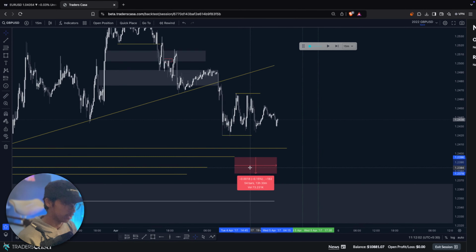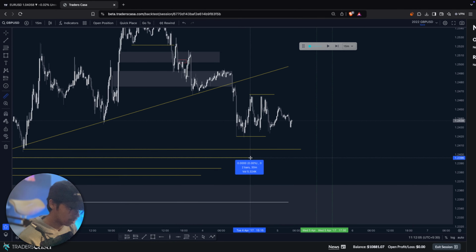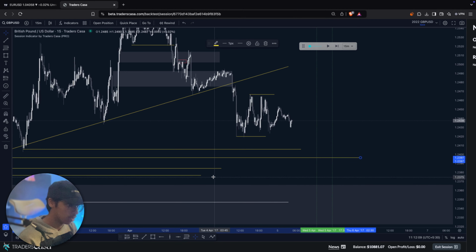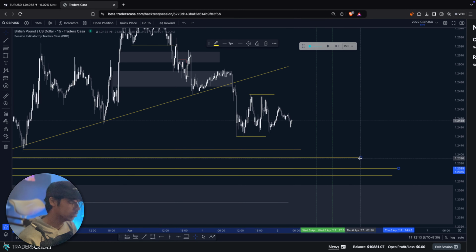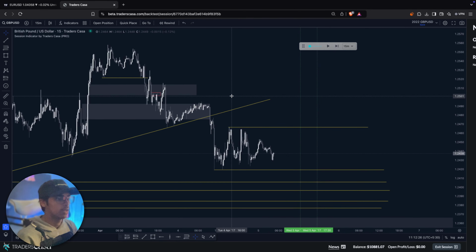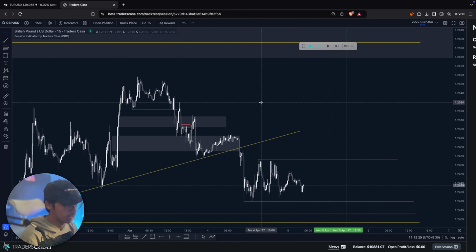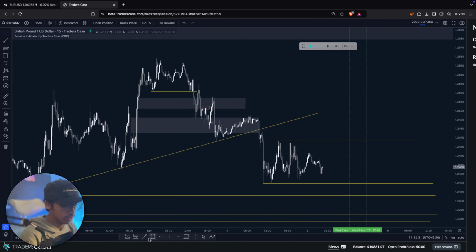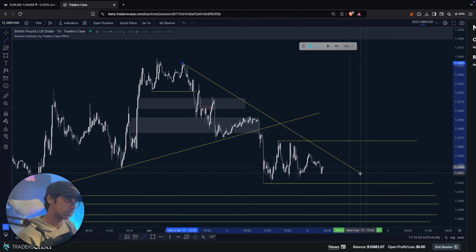These all are sell side liquidities. I can see more sell side liquidities than buy side liquidities, but there is a trend line as well in here.